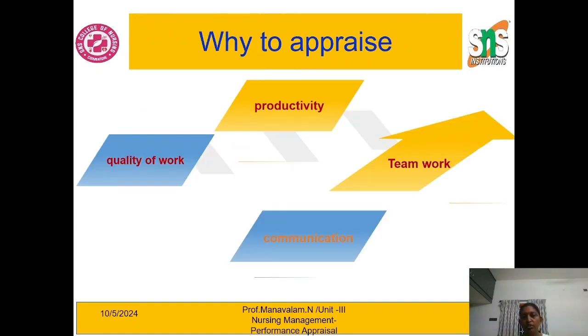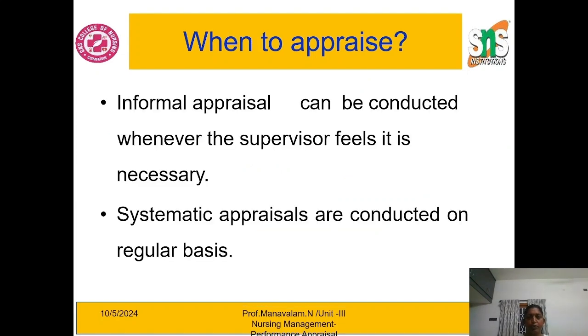In order to know the quality of work they are practicing, productivity, and communication, how each and everyone is communicating the standards in a proper way, and how collaboratively they are doing the work in order to accomplish the objectives and goals of the organization. For this purpose, we have to do the performance appraisal.